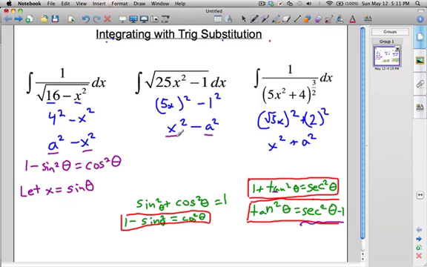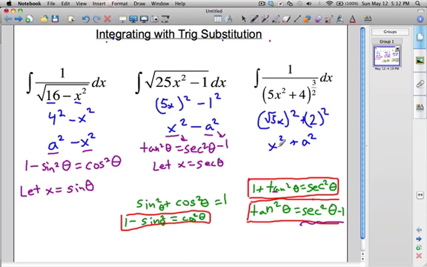Notice that x squared minus a squared corresponds to secant squared minus 1. So we're going to use tan squared theta equals secant squared theta minus 1. Notice this corresponds to this, so when we do the substitution, we're going to let x equal secant theta.